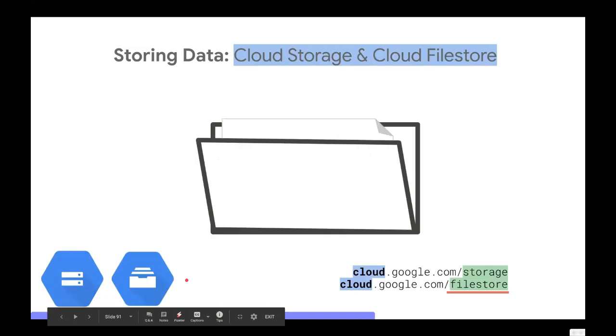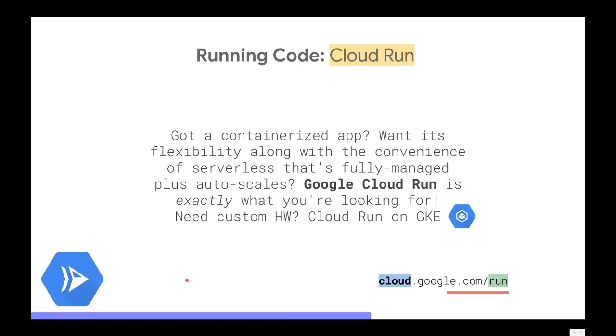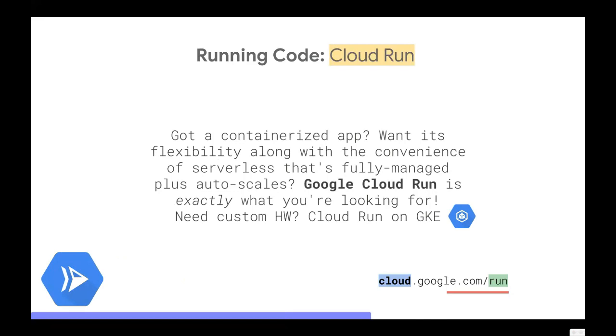And then the third type of tool we provide is if you have a container and you don't want to manage the container yourself, or maybe it's too difficult for you to set up Kubernetes because your setup with your container is not that complicated. So Cloud Run basically helps you run containers serverlessly.